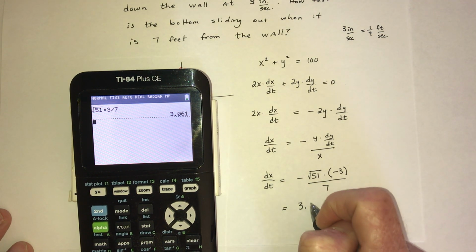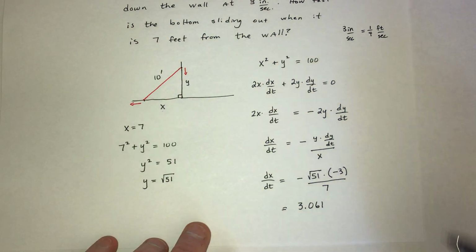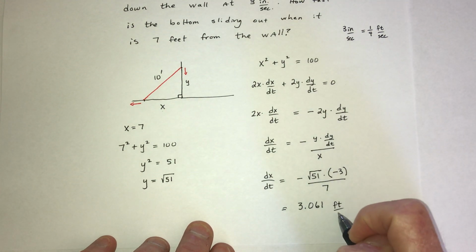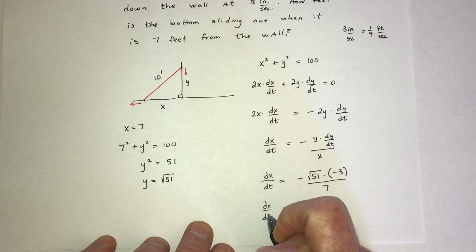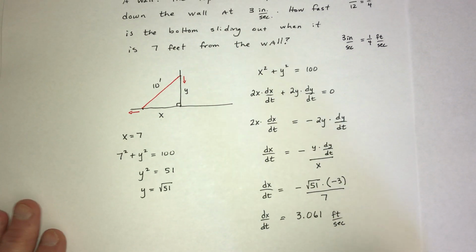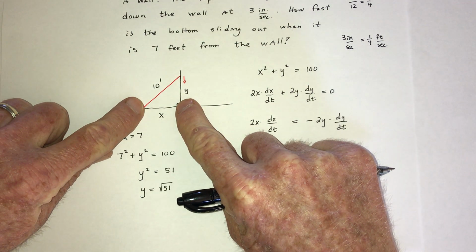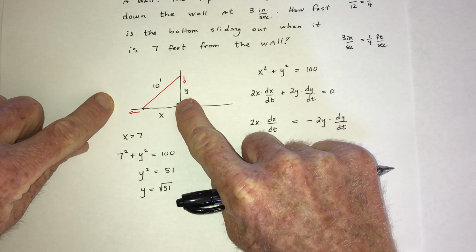So it's 3.061, and the units would be feet per second, and that is how much this x is increasing. So notice that this is a positive because as it slides down, the x is going to get bigger and then bigger and then bigger.